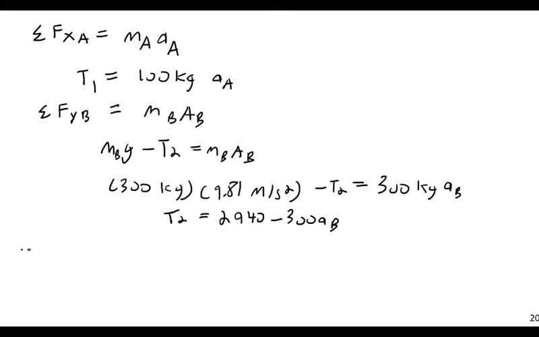So then I can do a summation of forces in the y direction on object C, the pulley. This is going to be equal to MC AC. However, that will be equal simply to 0. Why is this 0?